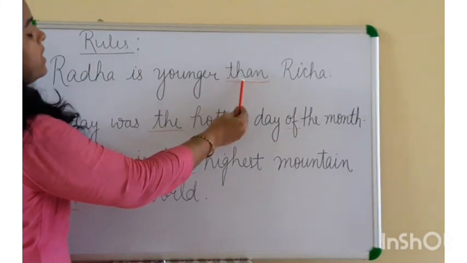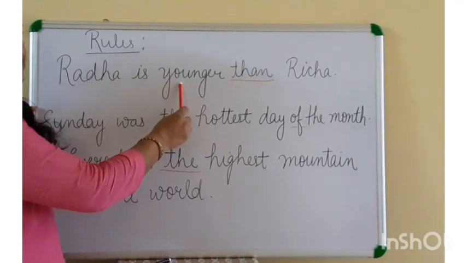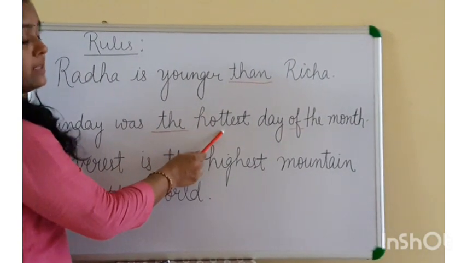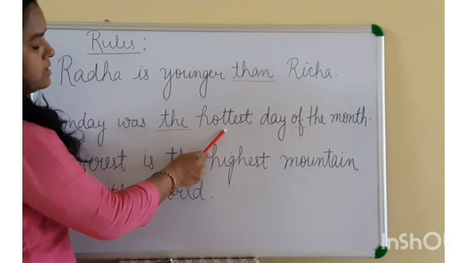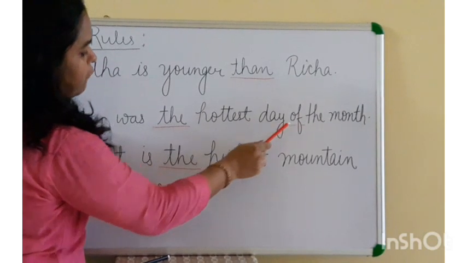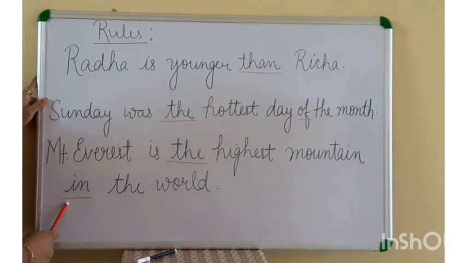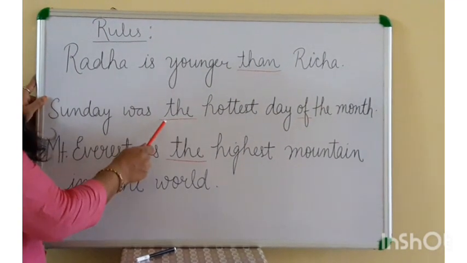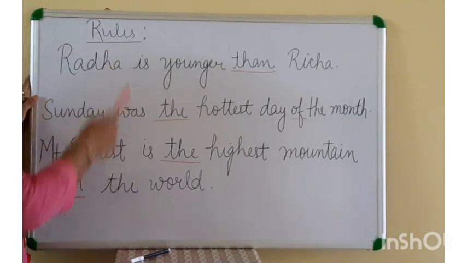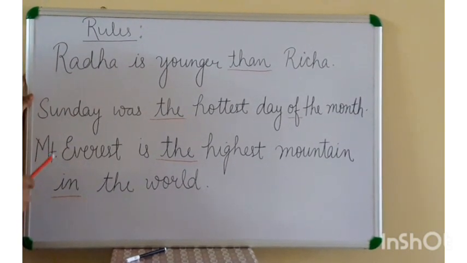So, when there is than in the sentence, you will write the comparative form of the adjective. When there is the, you will always write the superlative form of the adjective, and the superlative form is always followed by of or in, and before the superlative form there is always the in the sentence. So remember this whenever you form a sentence with the comparative form of adjectives.